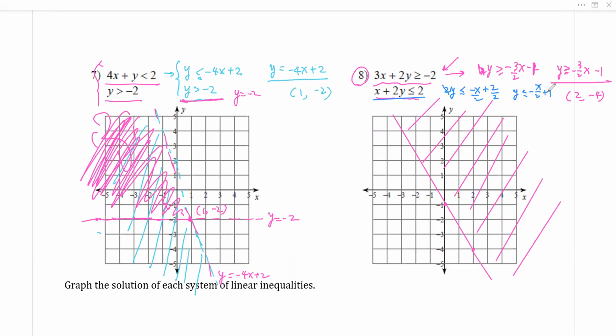They cross 0, 1. When x is 2, y is 0, so 2, 0. Since they have the equation here, we can also use the solid line and cross these two points.